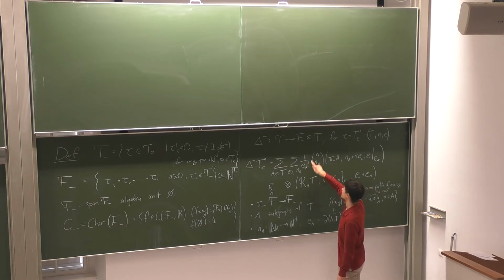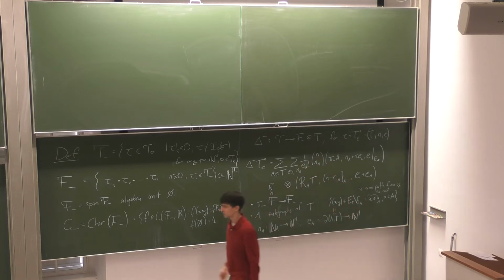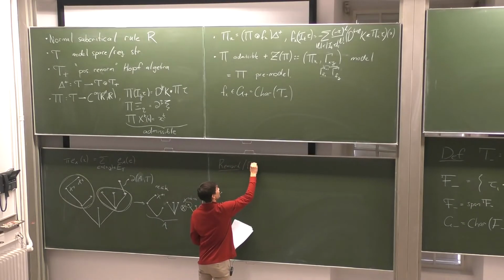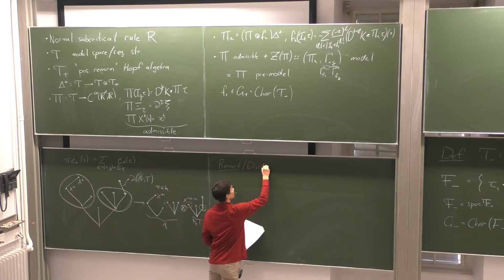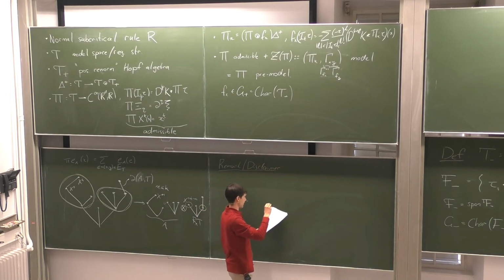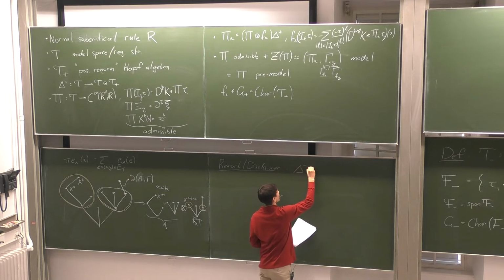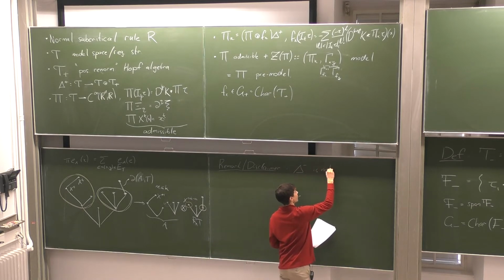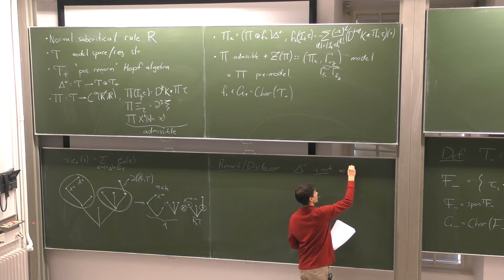So the question is, do I actually still stay inside of T? And the remark or the disclaimer is that this is, you'll have a hard time if I said this is an exercise. Disclaimer, this is not true. So delta minus is not well defined.